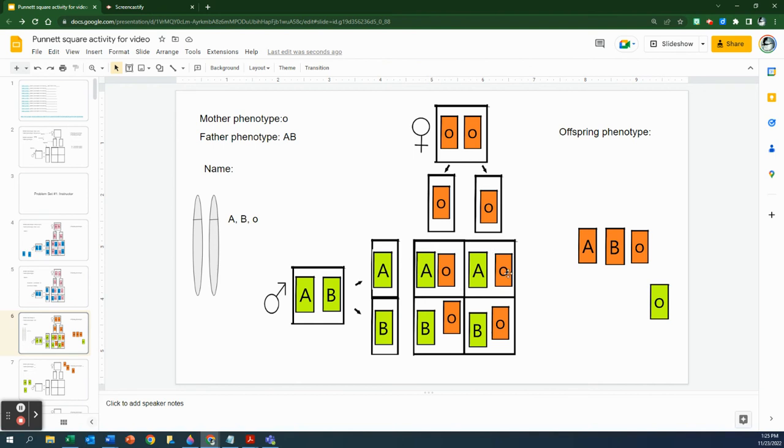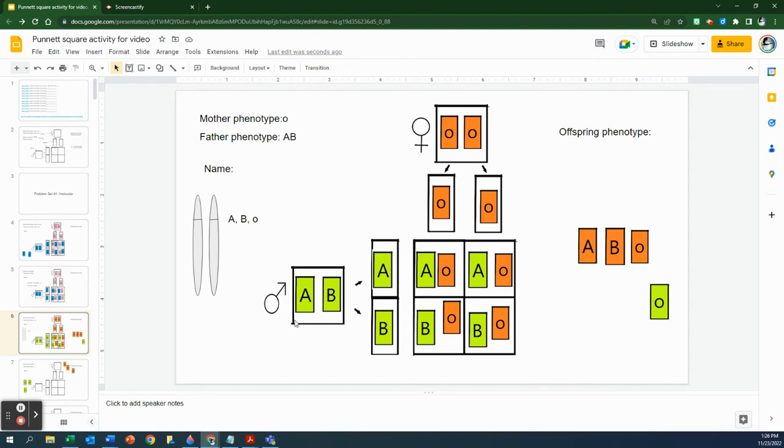So this here, AO, they'll have the A flag and the no flag. So it'll look like they just have the A flag, and so those are blood type A. And these guys down here have blood type B. Which is kind of an interesting thing, right? Because in this particular case, the parents have completely different phenotypes from their children. But that's how genetics works.